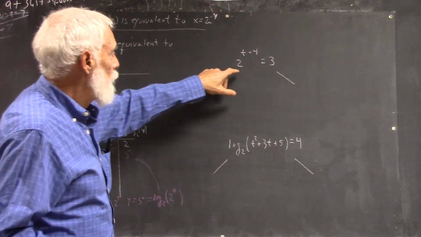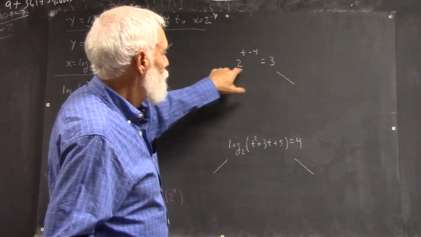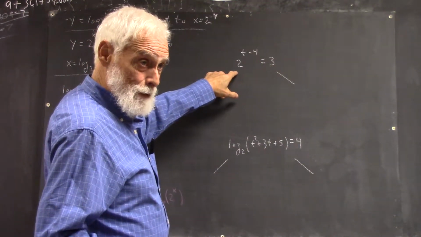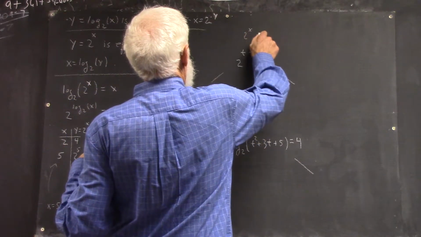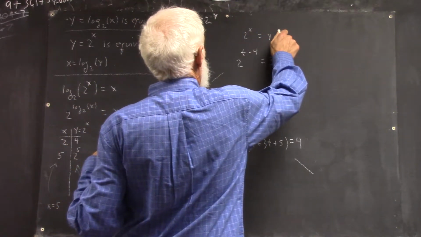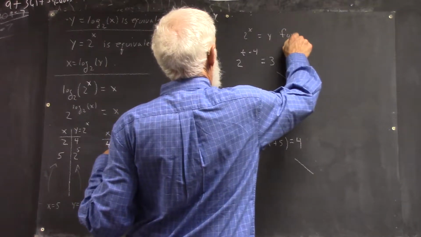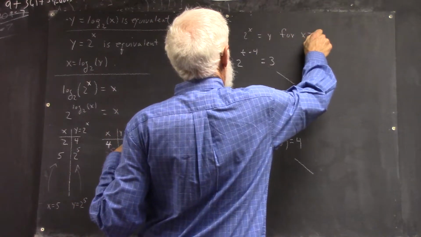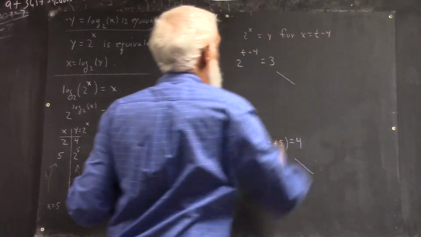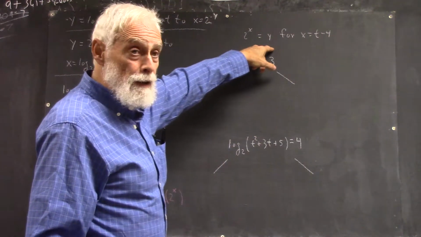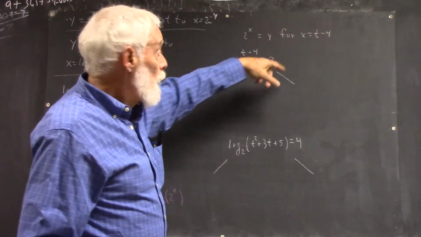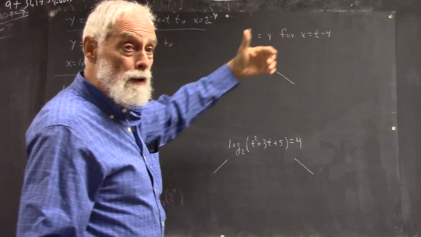Now this is like y, this is 2 to the x. So this is like 2 to the x equals y for x equals t minus 4.